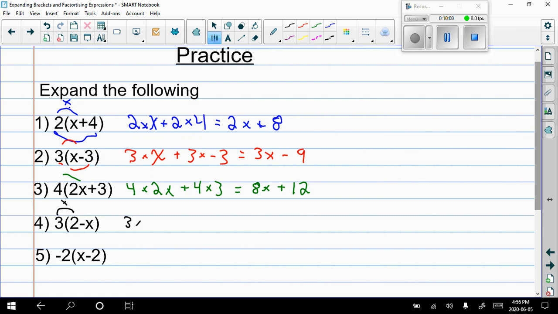So we write 3 times 2. Then we're going to add, and then we're doing 3 times negative x. 3 times 2 is going to give you 6. And then we have 3 times negative x, so that is 3x, and a positive times a negative, which makes it negative.